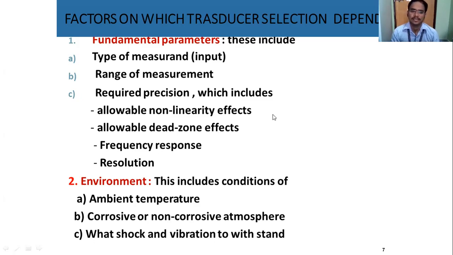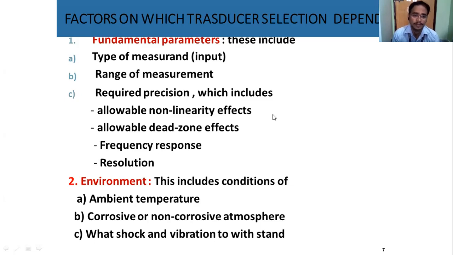Non-linearity effects means the outputs should be in a stable form. Next, allowable dead zone effects. Dead zone means the range of variables for which a given instrument will not show a response. Depending on the allowable dead zone effects, we will select the transducer.